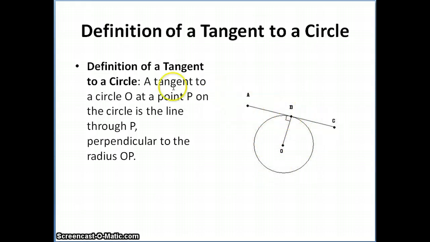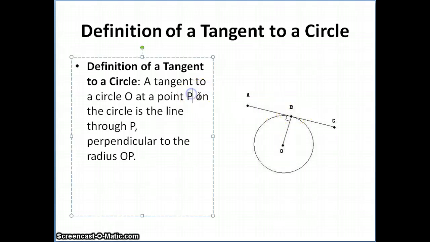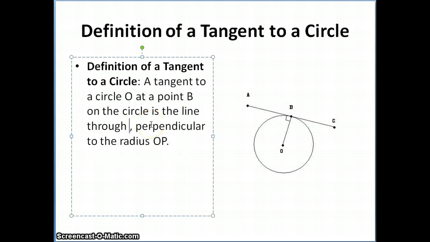And the definition: a tangent to a circle O at a point P on the circle. Well, in this case, I have a point B here on the circle. The tangent is the line through B perpendicular to OB.